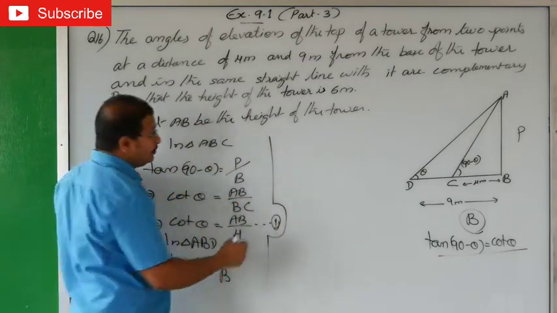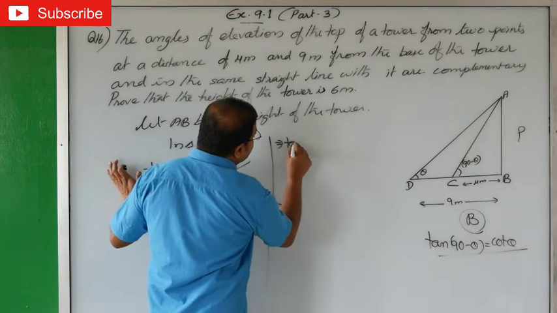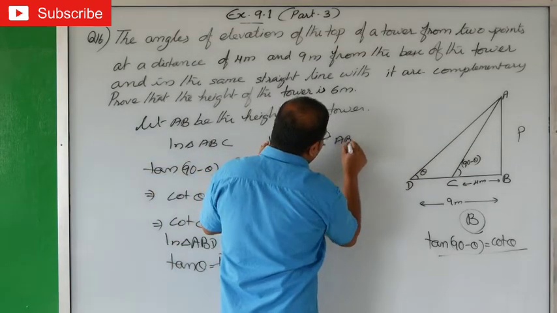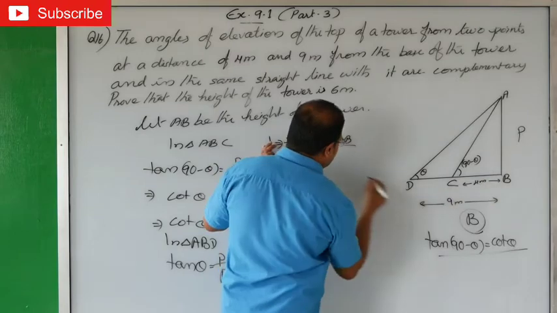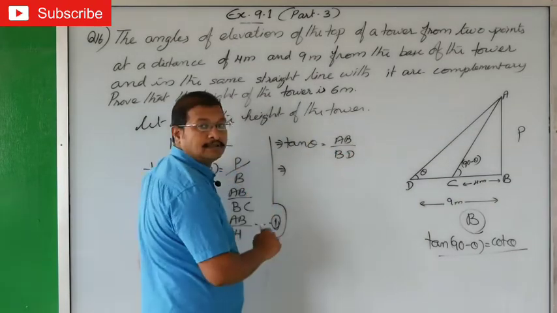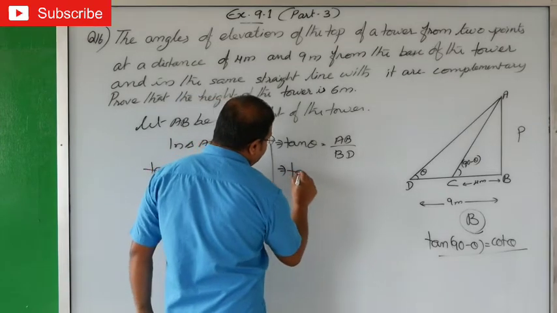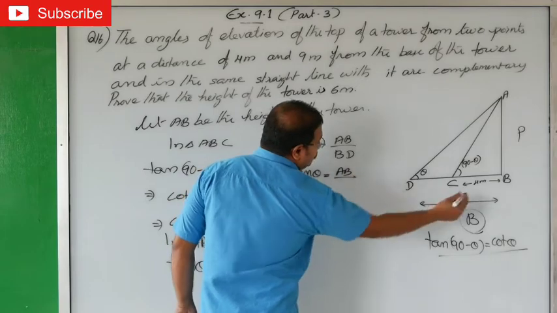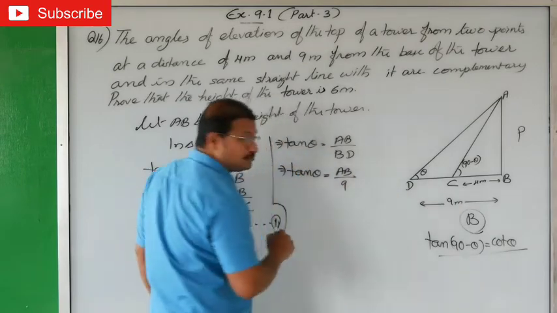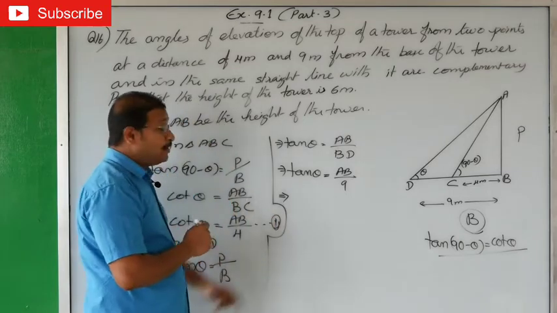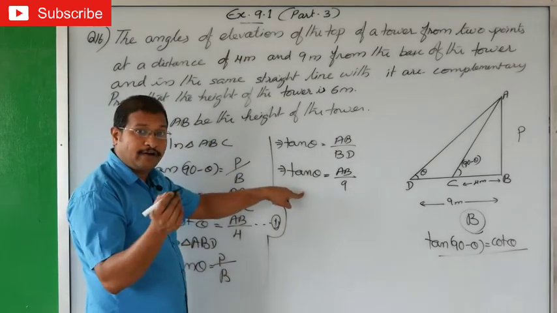That implies tan theta equals perpendicular, which is AB, by the entire base, which is BD. Tan theta, AB by base is what? 9. Ready?